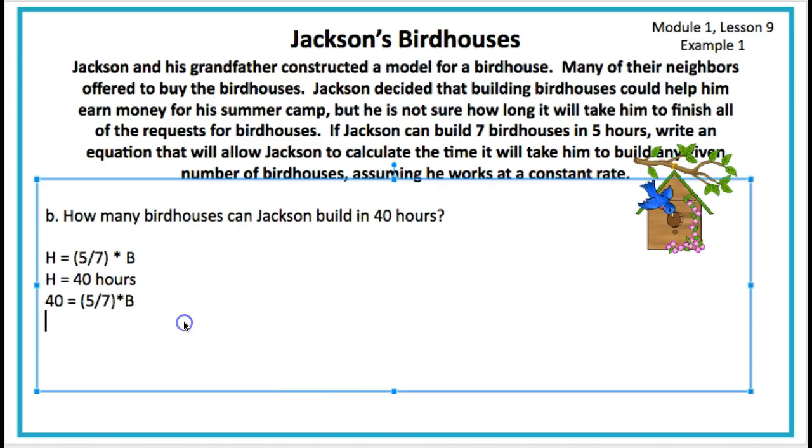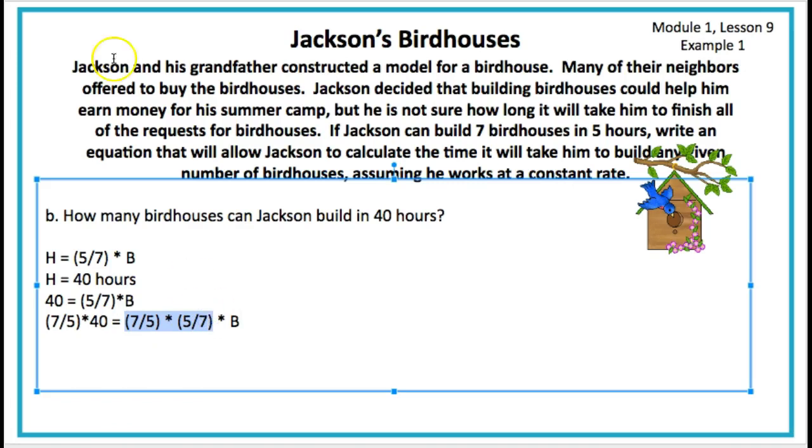In order to get b by itself, we'll multiply both sides by 7/5. So 7/5 times 5/7 times b.